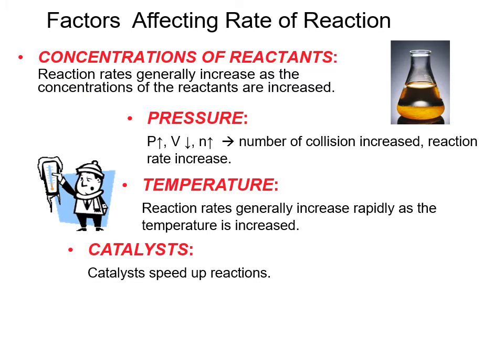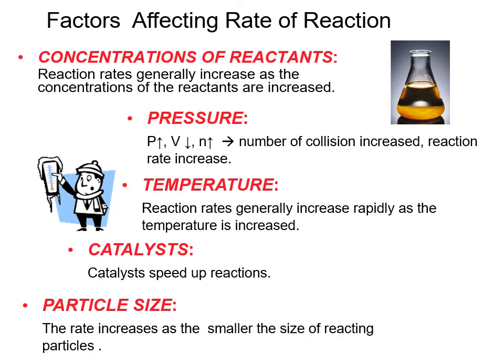Temperature will generally make the reaction rate increase as it increases. And then a catalyst will speed up the reaction. And finally, particle size. The rate of reaction will increase as the size of the particle becomes smaller.